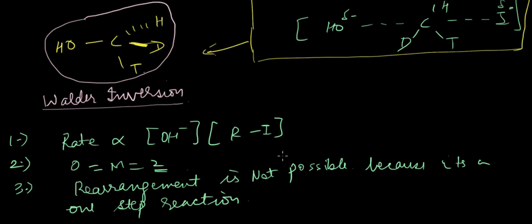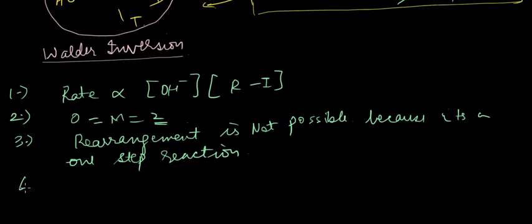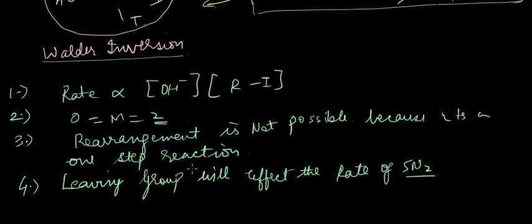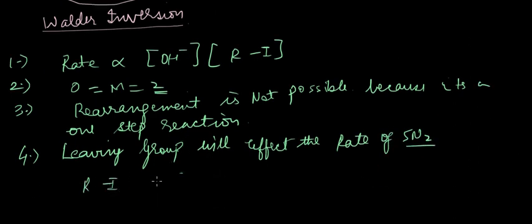The leaving group will also affect the rate of SN2: the rate would be highest for RI, then RBr, then RCl, and then RF.